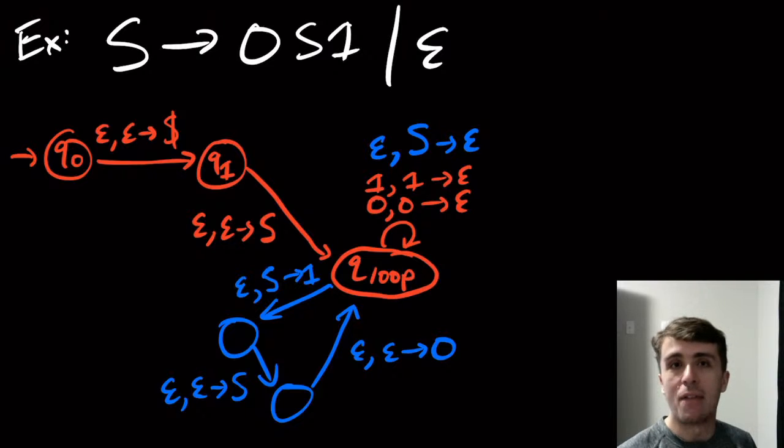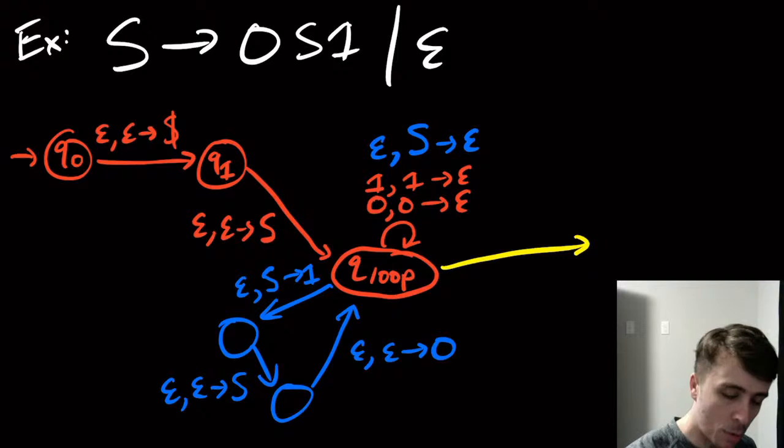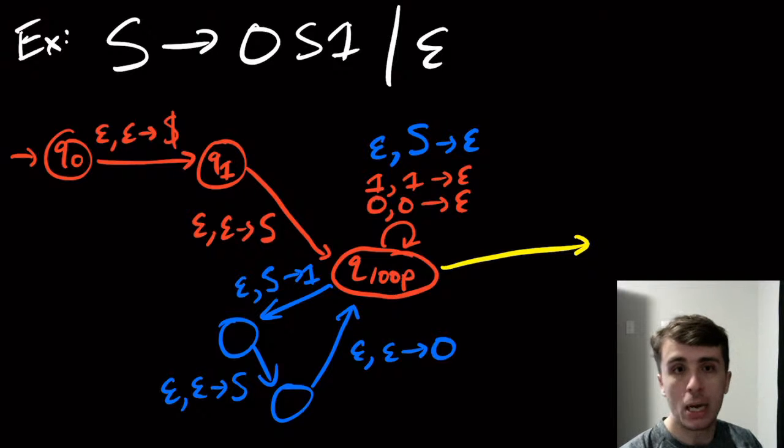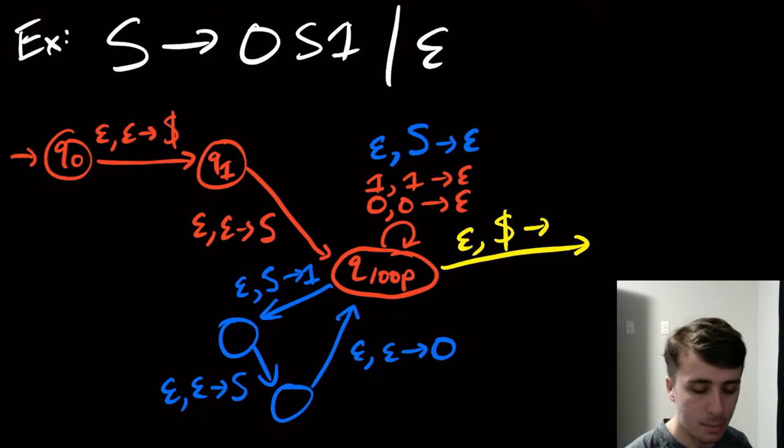So then everything supposedly matches up. And so what we'll do here is check to see if we have the $ sign on top, then we will proceed to go to an accept state. So here I'm going to pop the $ sign off, and I can push whatever.